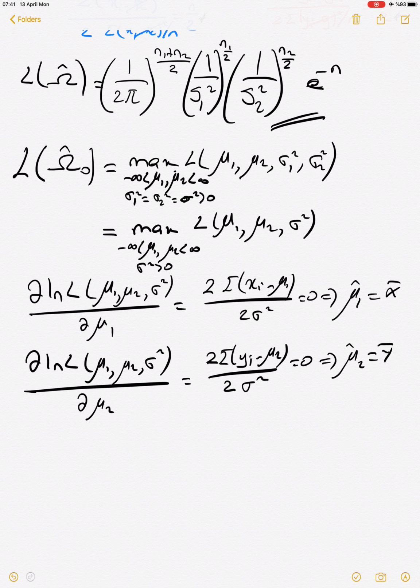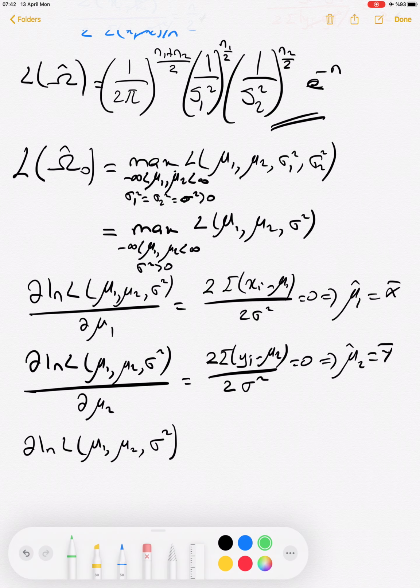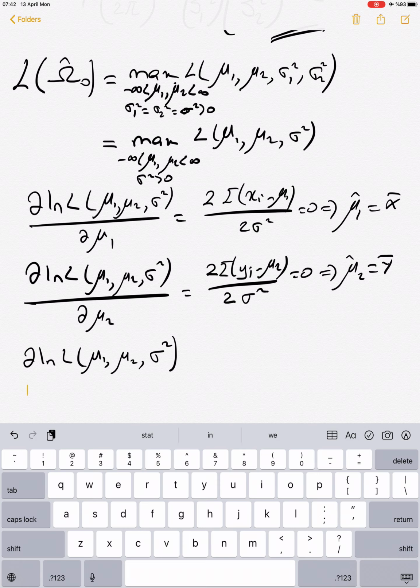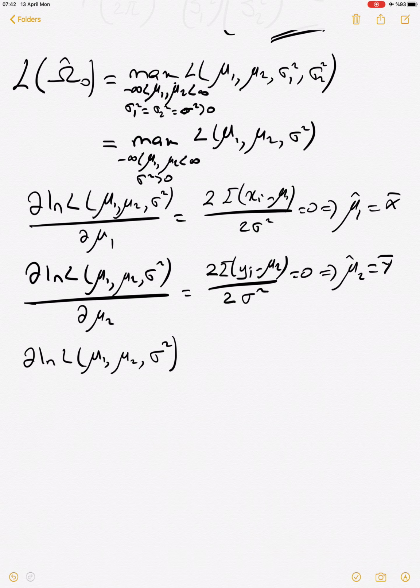Now the other part. At this point I forgot to write the likelihood function for this case. Let me use a different color and write it.